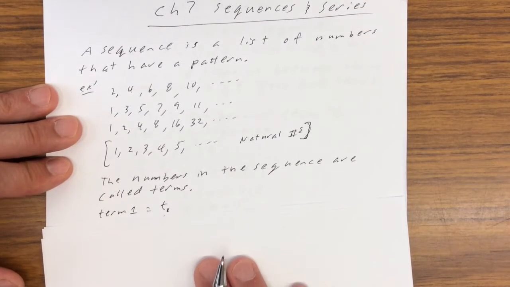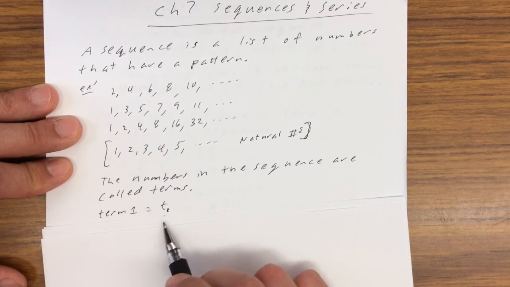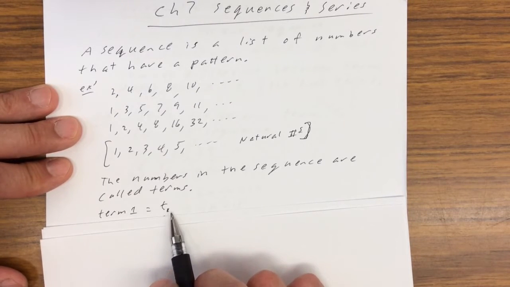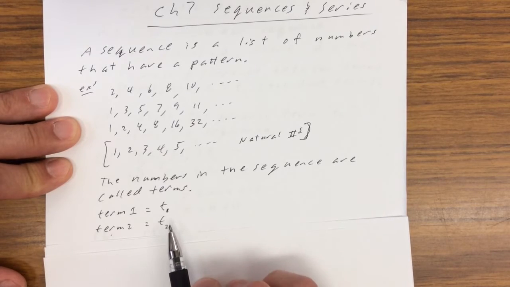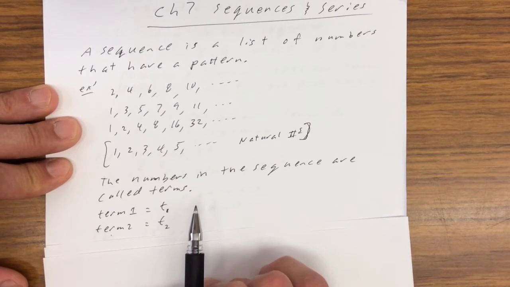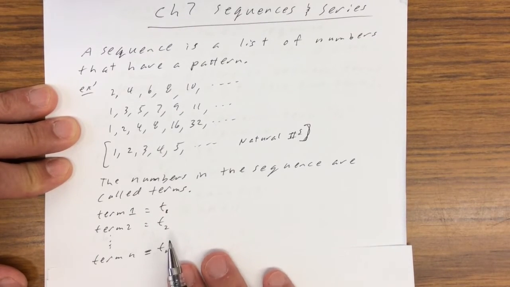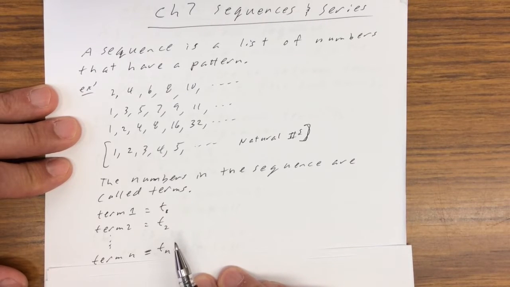And we're going to call term 1 T subscript 1. Term 2 is T subscript 2, and so forth, so that term n, so any term is going to be T subscript n. So T20 would be term 20, and so on.